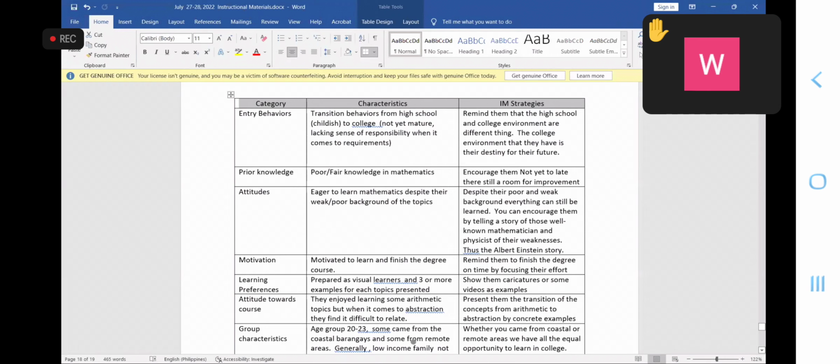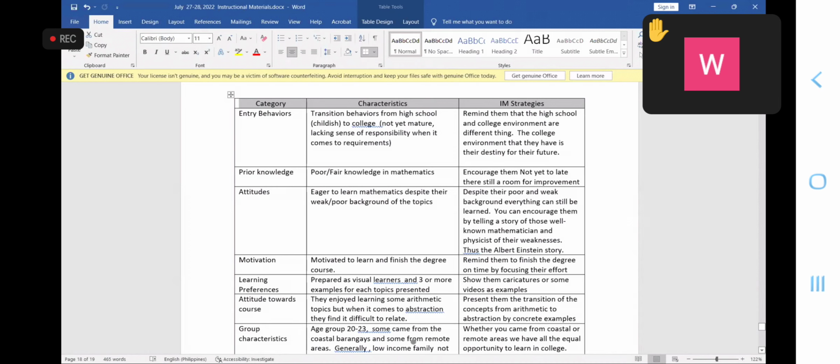Then when we are now in college, it's a different thing. Some of them lack a sense of responsibility when it comes to requirements. My strategy is to remind them that high school and college environments are different. The college environment that they have will tell their future and their destiny.